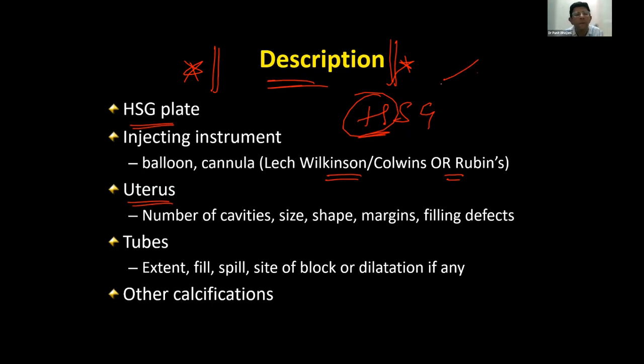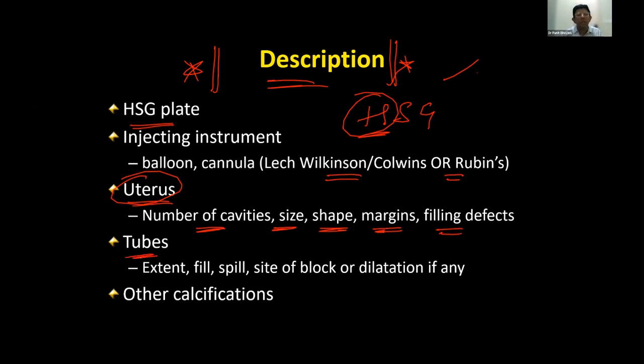No, we'll have to describe the uterus first: number of cavities, size of the uterus, shape, triangular, regular cavity, 2 cavities, 1 cavity, any other shapes we will show you, margins smooth or irregular, and of course any filling defects.